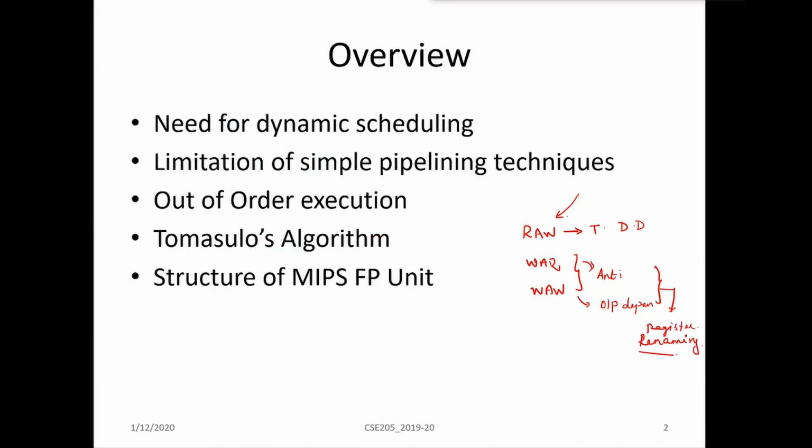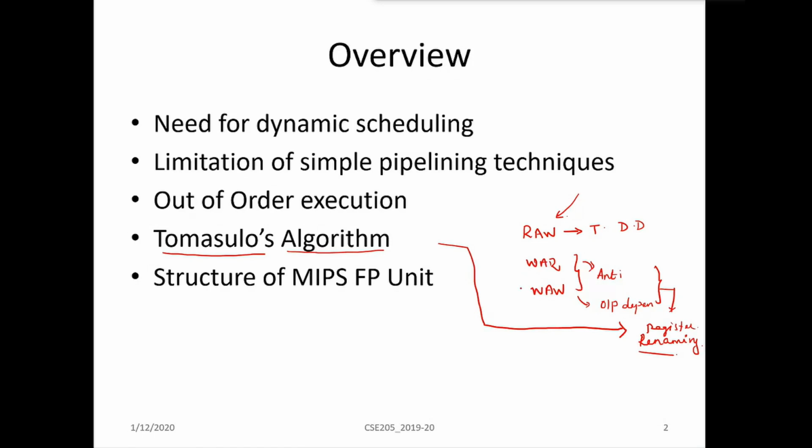So here we are going to see Tomasulo's algorithm. This algorithm is all about these things. First we are going to see the need for dynamic scheduling, what might be the problem with compiler techniques, and what out-of-order execution is, and how using Tomasulo's algorithm we avoid the WAR and WAW hazards.